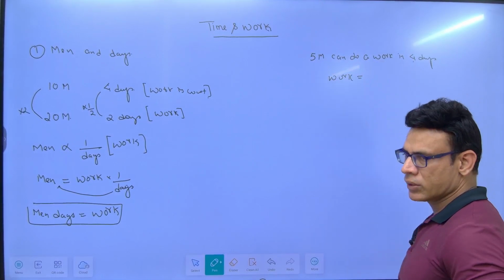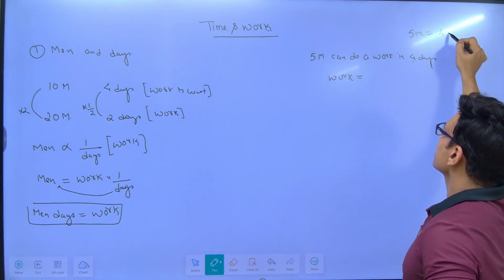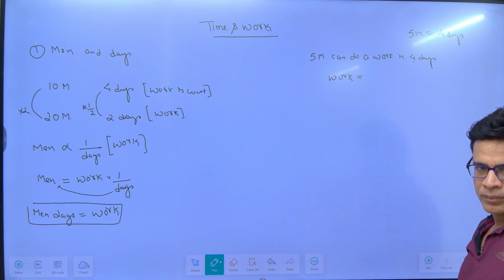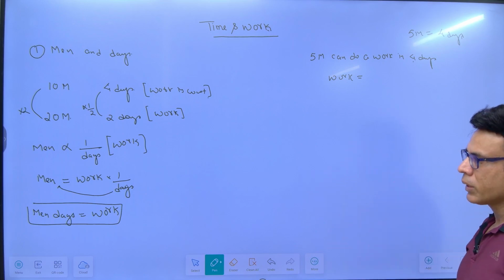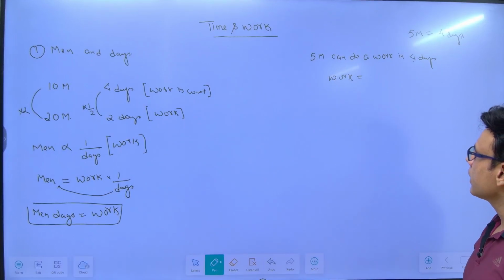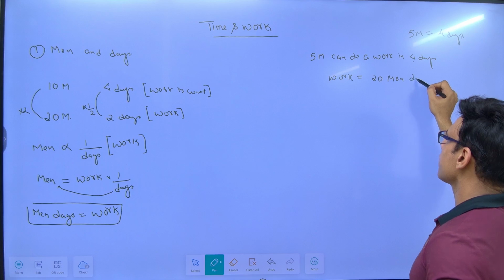Multiply this with this. They're saying 5 men can do some work in 4 days, right? Same as this. In order to find out work, I'm multiplying men with days. How many men are there? 5, and days 4. 5 4s are 20 men days, right?